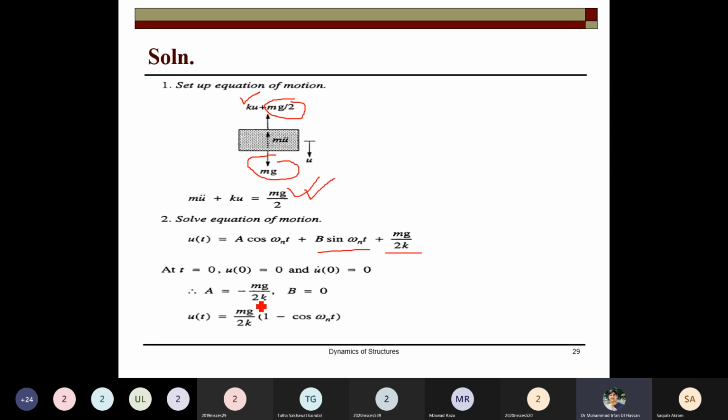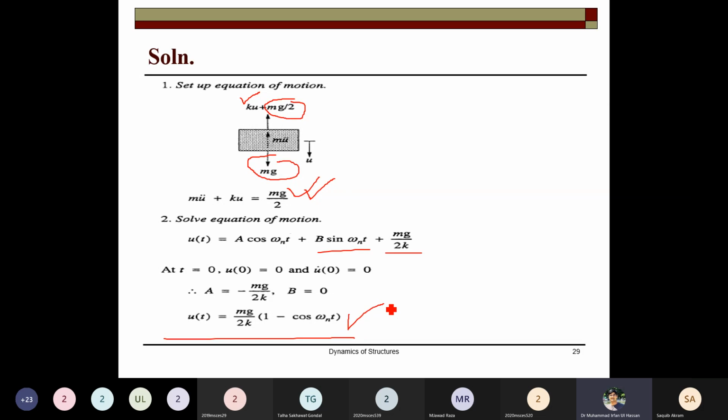At time 0 we get A when u naught is 0, and when we differentiate it, u naught dot, that is the velocity, comes, and from there B comes. So A comes out to be minus mg over 2k, B comes out to be 0. Putting the values of A and B, we get the function u of t for this case.